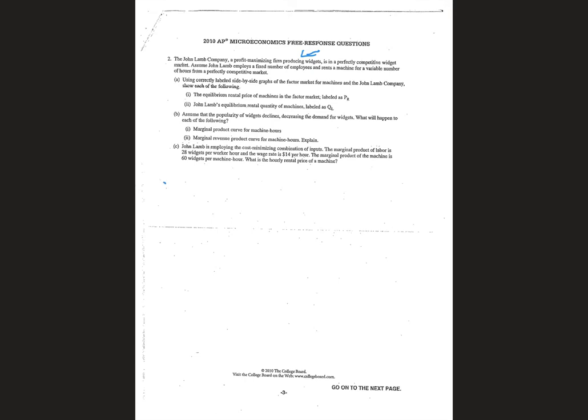So part A, I'm simply going to be graphing. We're doing side-by-side graphs for the factor market for machines and for John Lamb, and I have to outline the equilibrium rental price labeled as PR, and I also have to do the equilibrium rental price for John Lamb's firm, and the quantity of machines. So I'll start out by just noting there is a factor market.